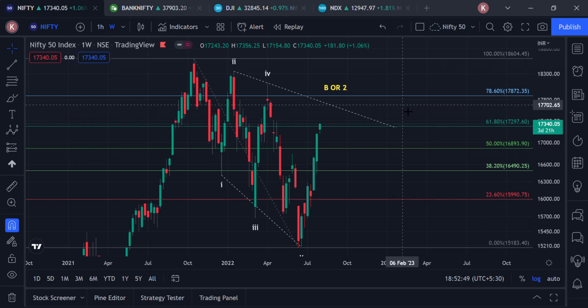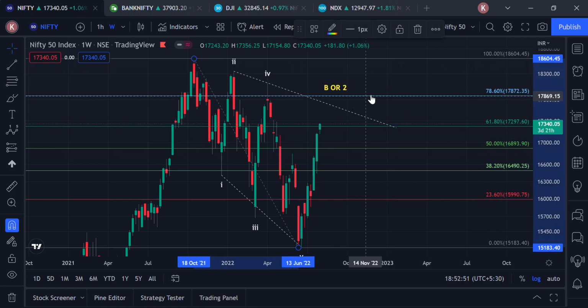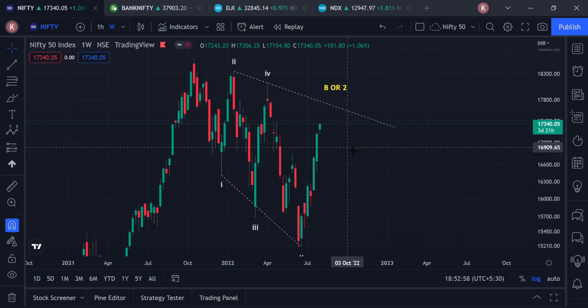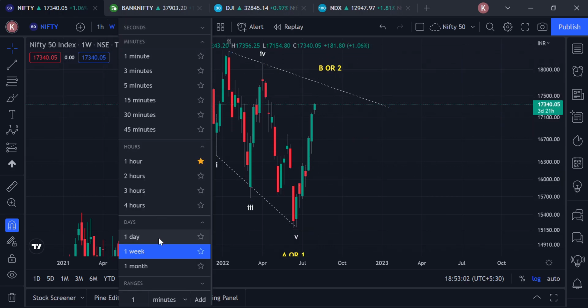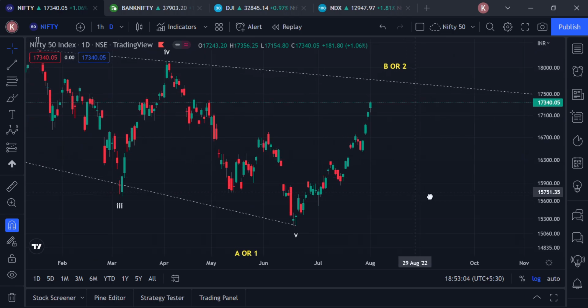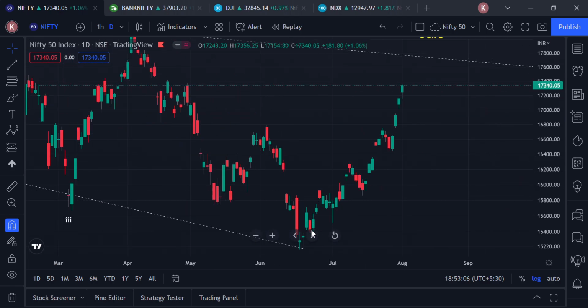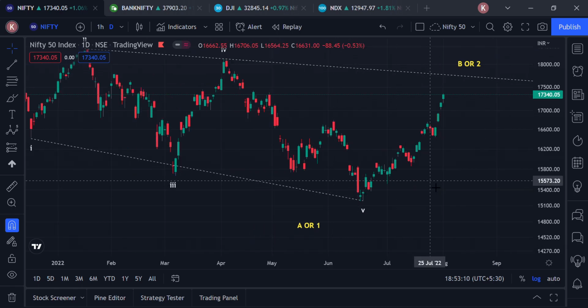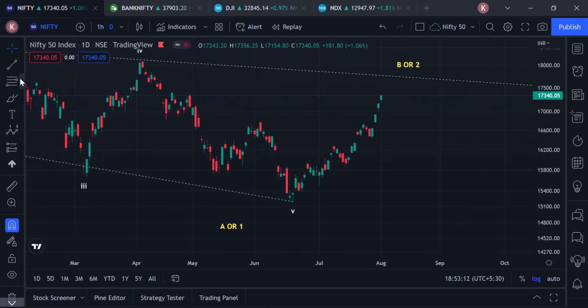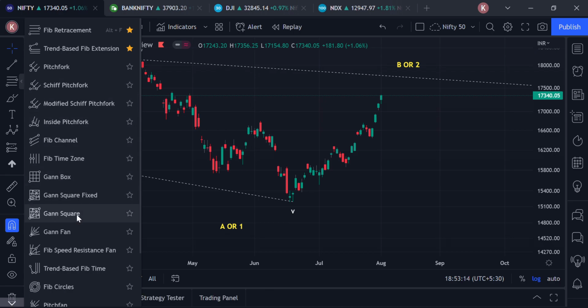So this could be the target for Nifty, and at this point, where 78.6% is achieved, my stance would be cautious, and you have to watch carefully, because it's just the same as Dow Jones and Nasdaq. I don't think this is an impulsive bounce. This could easily be counted as a corrective bounce.